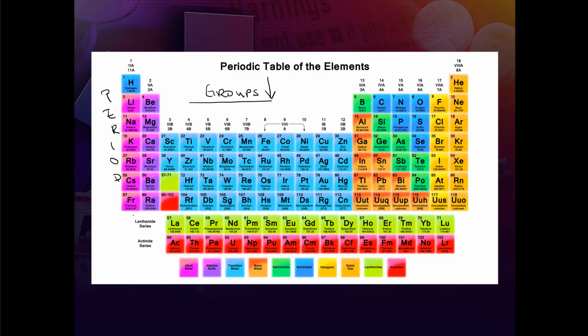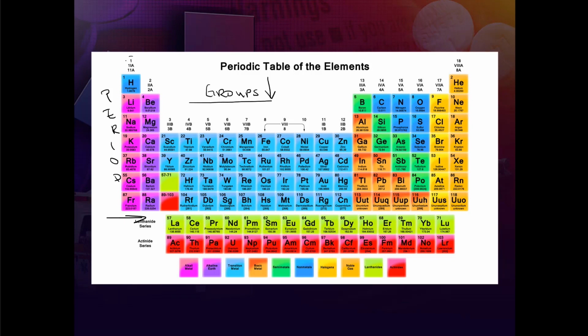Periods are going to be rows. When we look at these, they all have some commonalities or trends among them. Looking at the trends in the group section, we can identify through numbering and organization different types of elements that have similar properties.